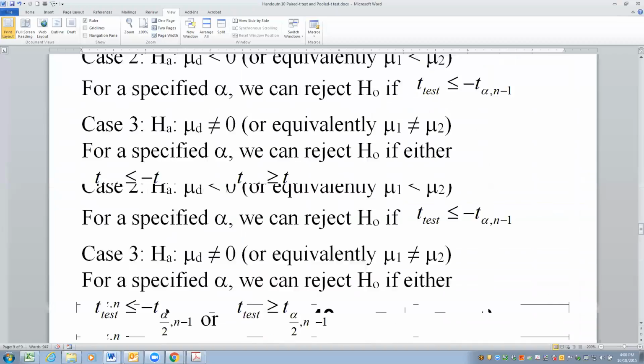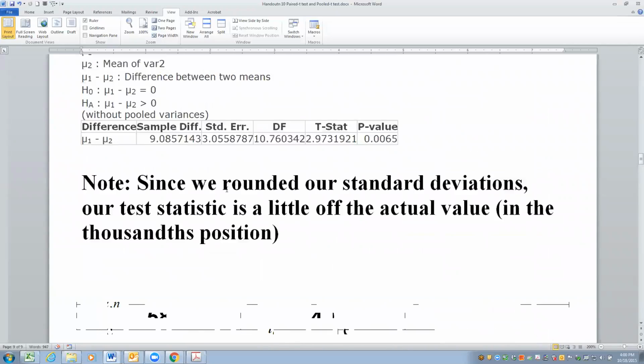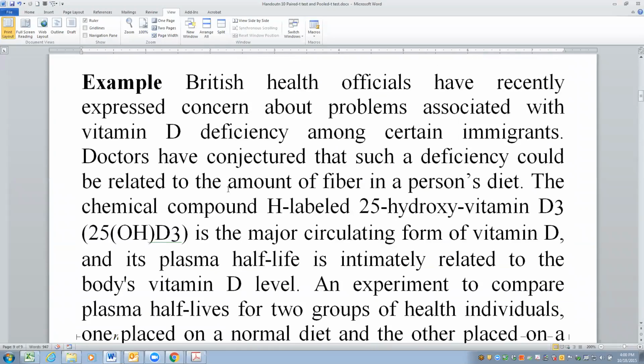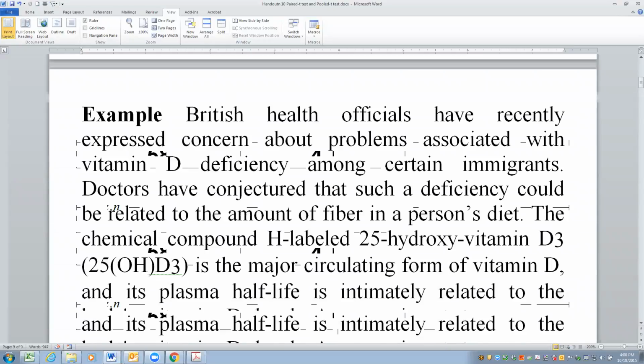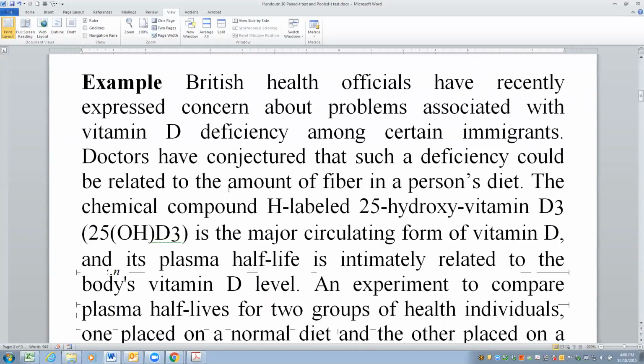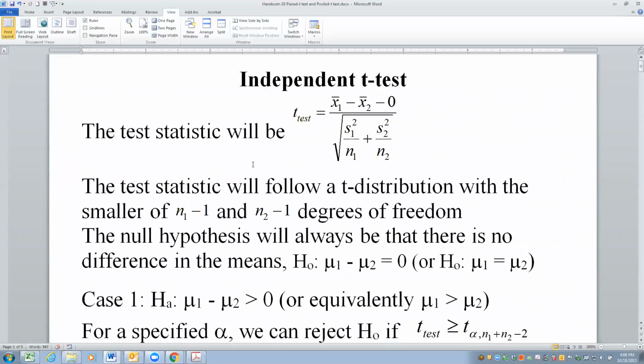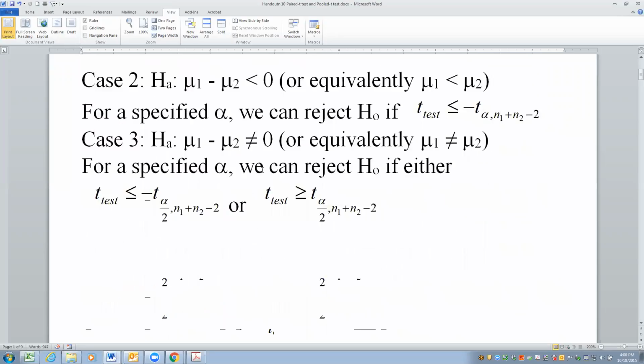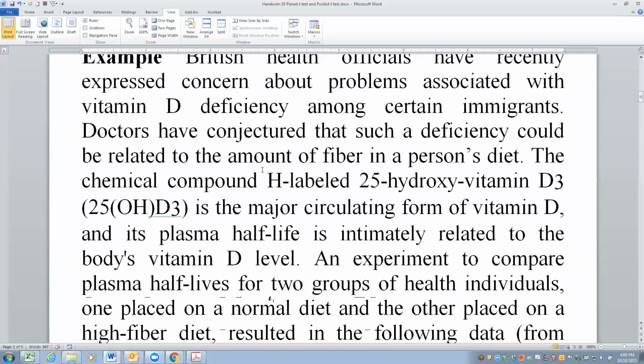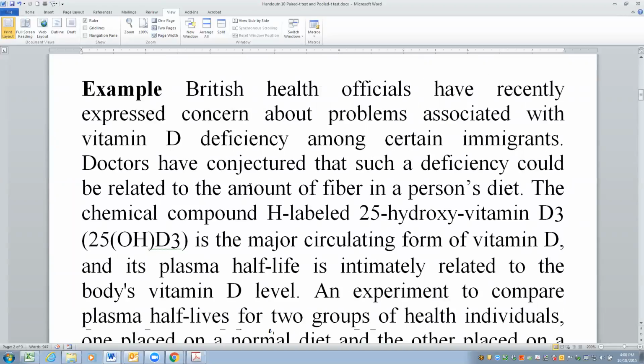So the second example I want to do is one where I have independent data. And for independent data, remember that we're going to use this Welch's t-statistic. For this particular problem, we're looking at: British health officials have recently expressed concern about problems associated with vitamin D deficiency among certain immigrants.